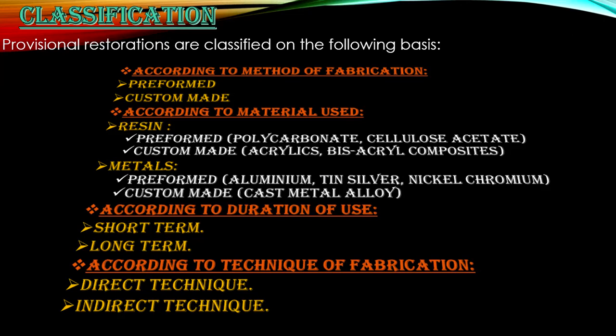Metal: we have preformed aluminum and custom made cast metal alloy. According to the duration of use, we have short term and long term. According to the technique of fabrication, we have direct and indirect technique.